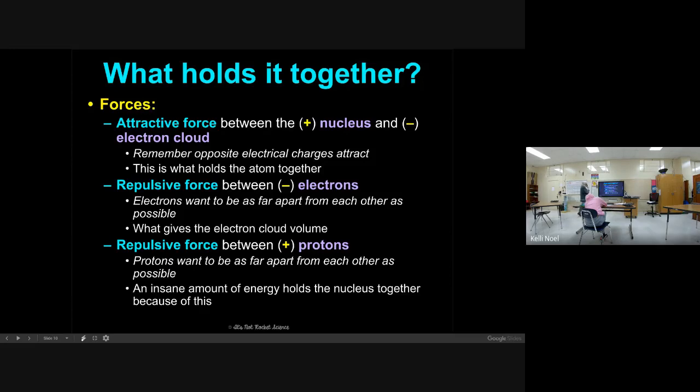And so neutrons kind of play a part in some of that, because if you have equal numbers of protons and neutrons, as we're going to find out, the nucleus of the atom is going to be more stable.